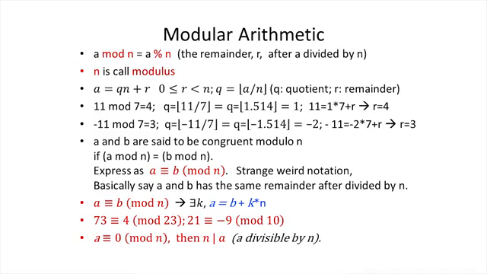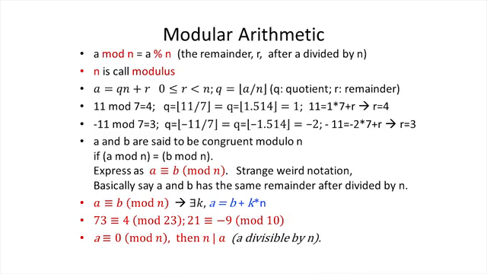A and B are said to be congruent modulo n if A mod n happens to be equal to B mod n. The two remainders are the same. We express this as A followed by the congruent operator, which is three bars in parallel, followed by B, left parenthesis, mod n, right parenthesis.